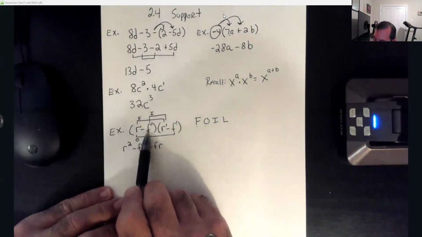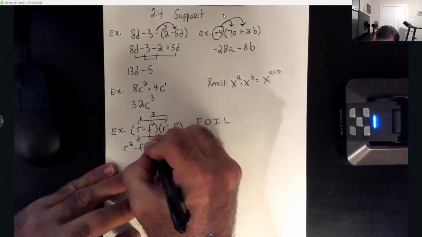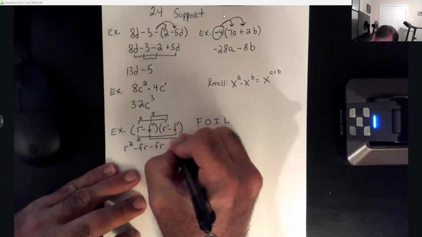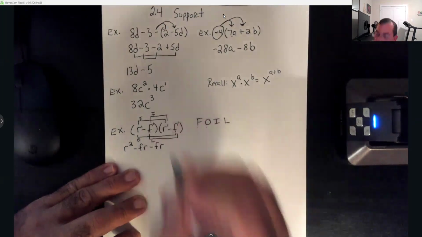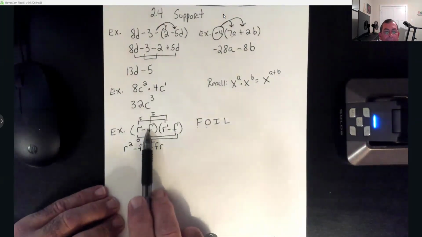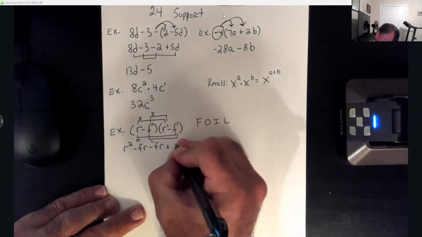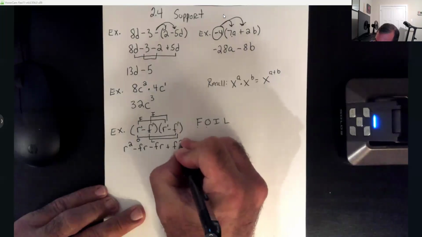And then I take this negative F times the negative F. That'll give me my L, which stands for the last ones from each parenthesis. So a negative F times a negative F will give me a positive F squared.